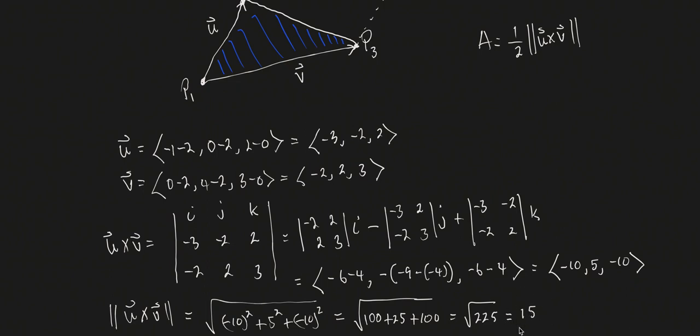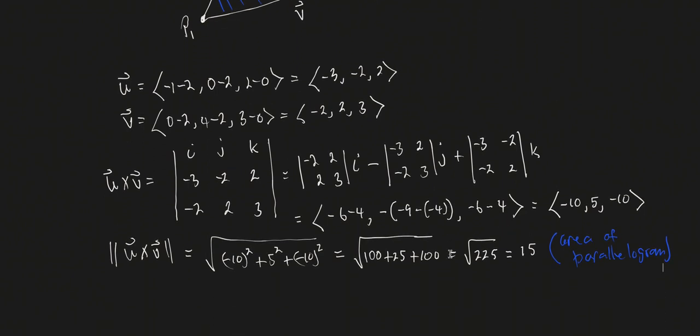So this 15, and I'll put this in parentheses just as a side note, is the area of the entire parallelogram. That's 15, but we only want the area of the triangle, so we have to take a half of this.